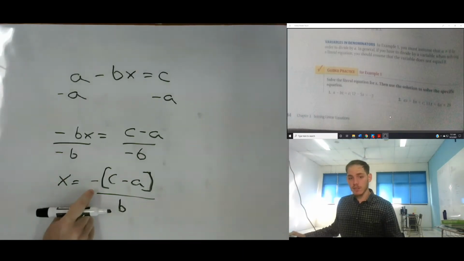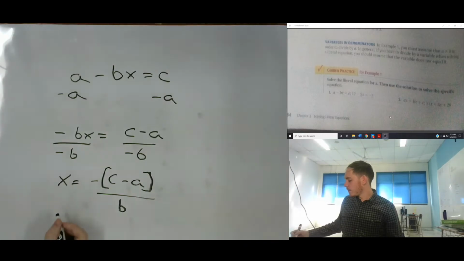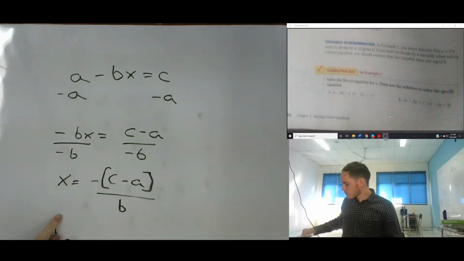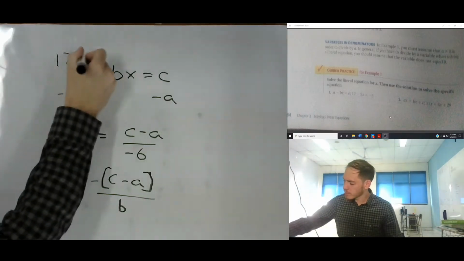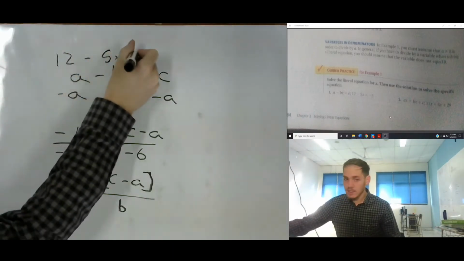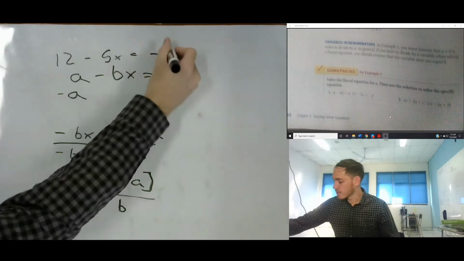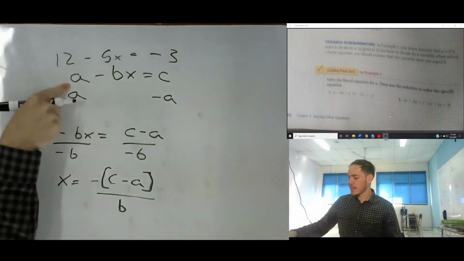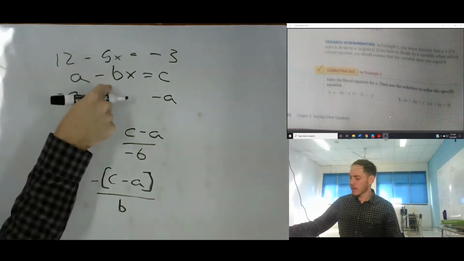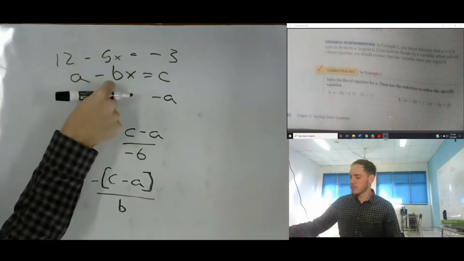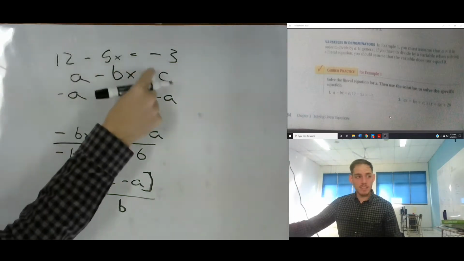So, what we'll end up getting, now remember, so we have 12 minus 5x equals negative 3. So a equals 12, negative b equals negative 5. So that means b equals 5, and c equals negative 3.